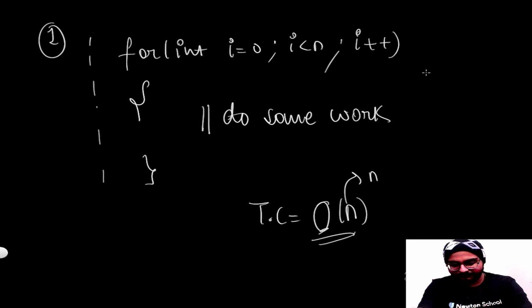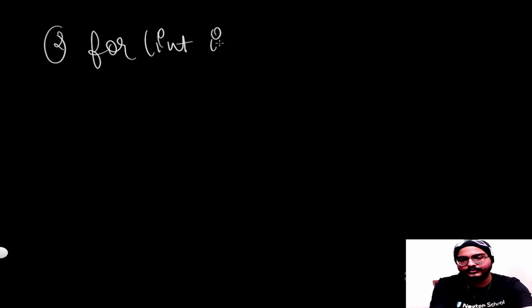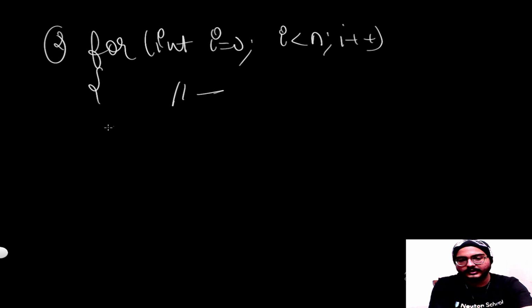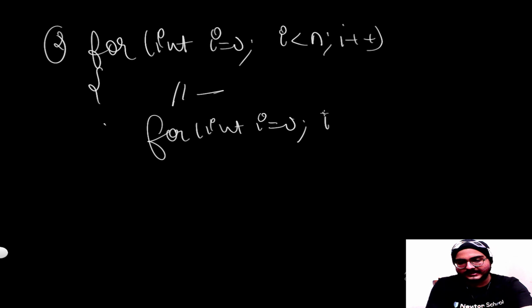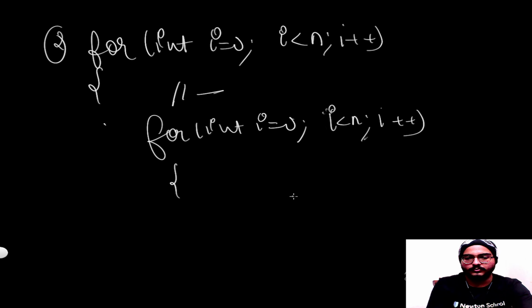Okay, now let's do another question. For int i = 0, i less than n, i plus plus, then here we will do some work. You have seen this question actually. Let's do some variation: for int i = 0, i less than n, i plus plus, and do some work over here.